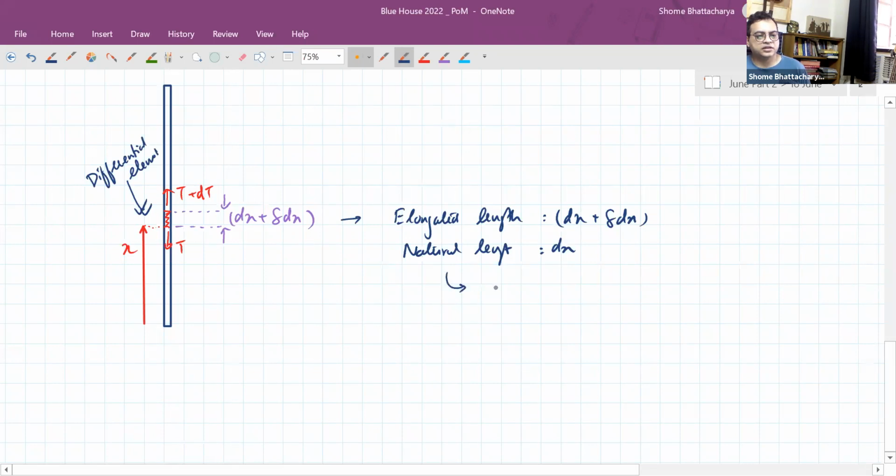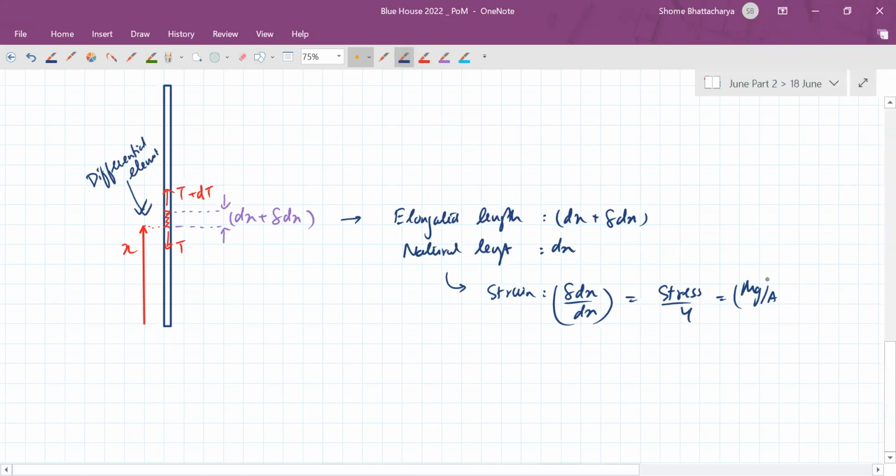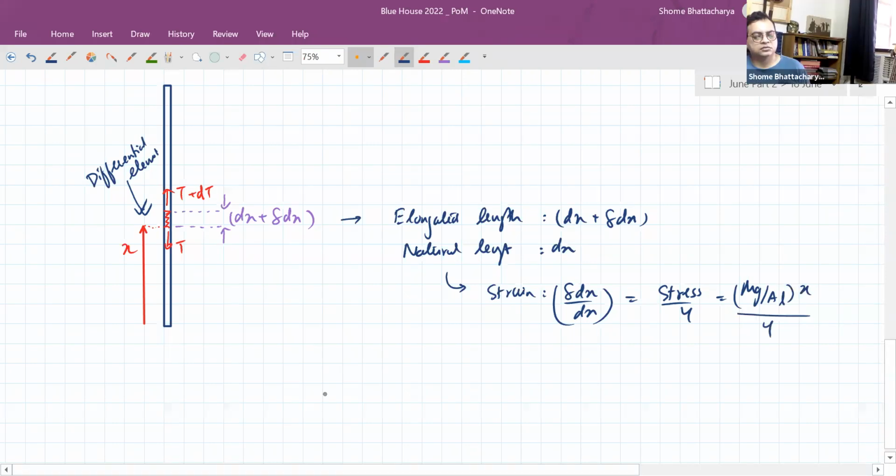So this is under strain. And that should be equal to stress upon Young's modulus. This is the stress.